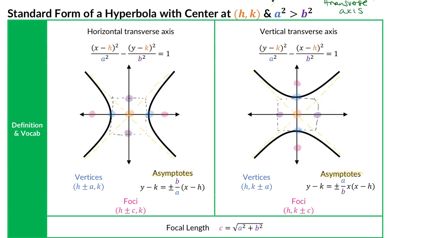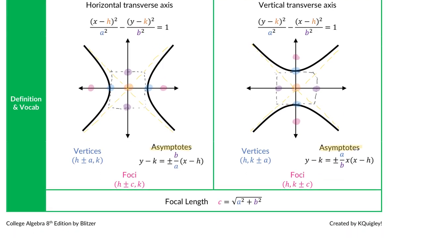One last thing I want to point out on this page before we start using the formulas, and again, this is a formula chart for you. We're going to go back and look, is that the formula for focal length is different. What do you notice about this formula for focal length? How is it different from the other one? It's plus. So guess what?